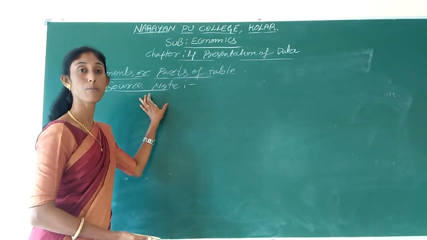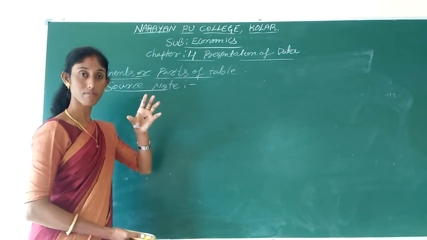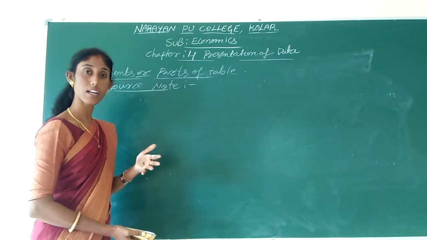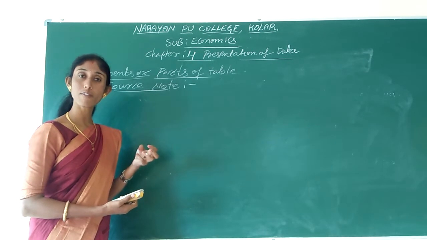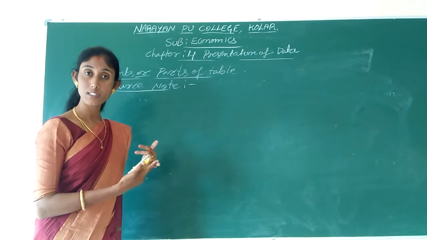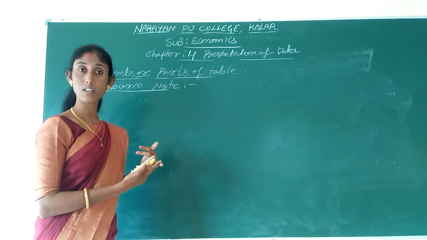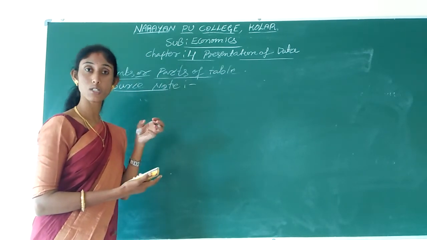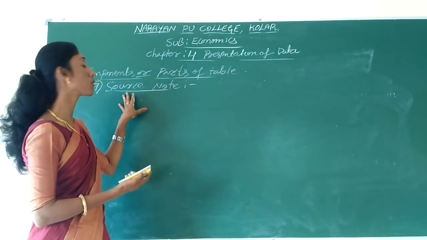If I collected information relating to life expectancy, or the living rate of people, by conducting a survey, and collected information from the central government, such as the Census of India, NSSO, and some other central government surveys which give information relating to life expectancy, then from where I have collected that information we need to mention in the source note.